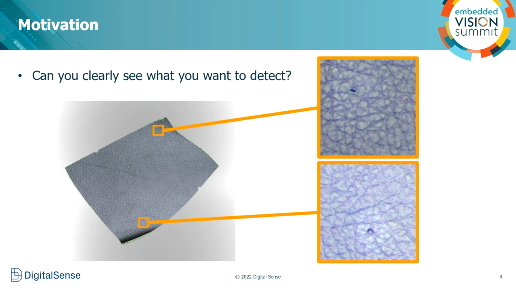So in this case of leather detection, there are some important defects that need to be detected, like the ones on the right, like small punctures in the leather or small bite marks and so on that have a completely different scale. They are the scale of the grain of the leather. And in those cases, if your input image is the one on the left at that scale, at that resolution, it doesn't matter how sophisticated your machine learning model is to detect them, its performance will be subpar.